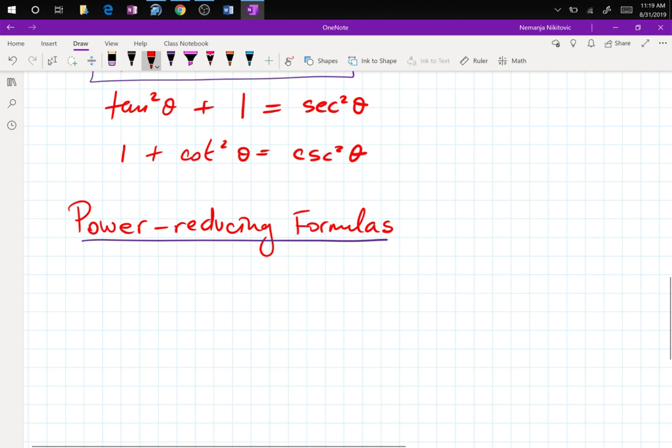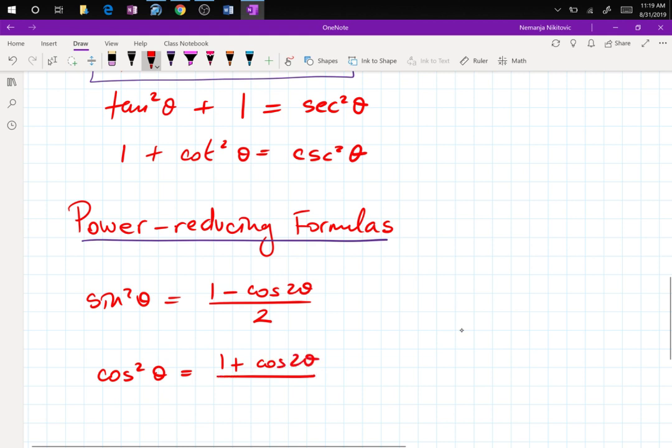And you can't make this stuff up, right? So sine squared theta is (1 minus cosine 2 theta) divided by 2. And cosine squared theta reduces into (1 plus cosine 2 theta) divided by 2.